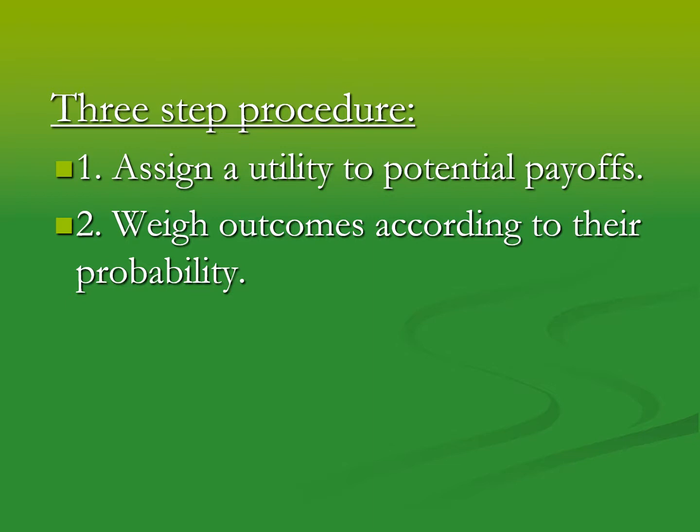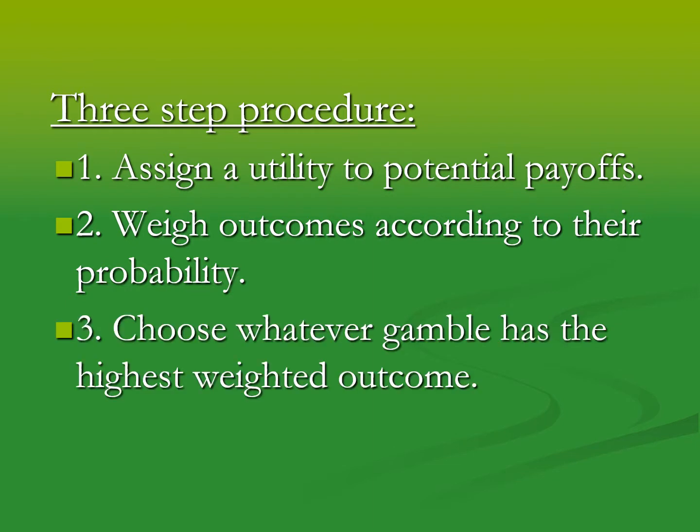So at step 1, we say, okay, if we got this payoff, how much is it worth given our utility function? And then at step 2, we take that result from that one payoff and multiply it by its probability. We do this for all of the potential payoffs that could come out of the gamble from step 1. And then step 3 is quite easy. We choose whatever gamble has the highest weighted outcome.